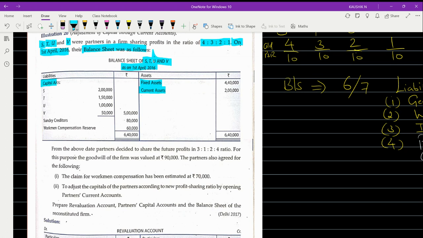You have got the capital value of the partners, sundry creditors, and yes, something about the workman compensation reserve. WCR is available, so you have to recapitulate the concept of WCR that you learned. Check what is the reserve value you are maintaining: 60,000. You have to see in the additional information what is given with respect to WCR.